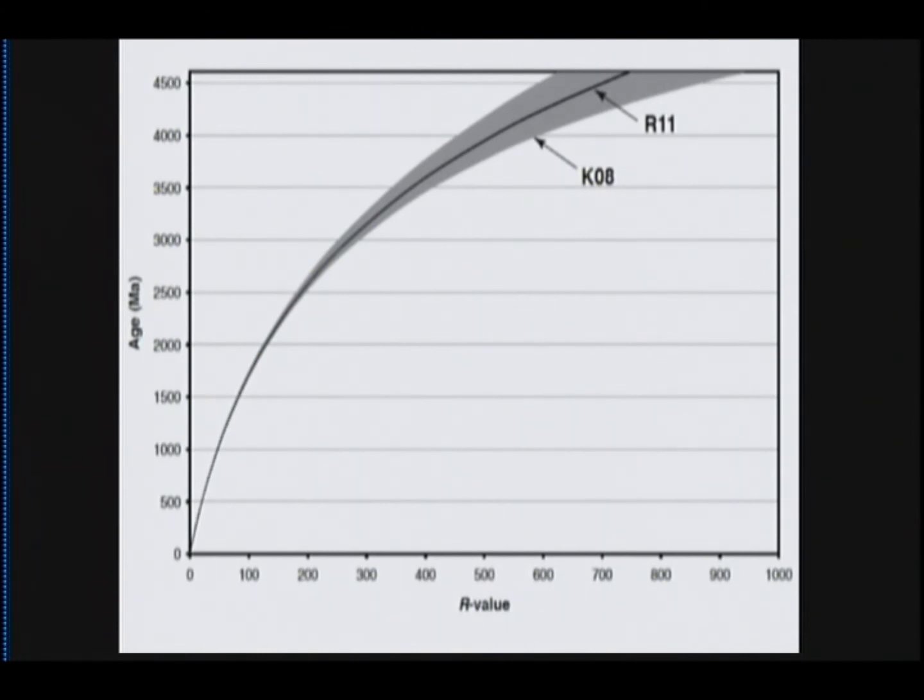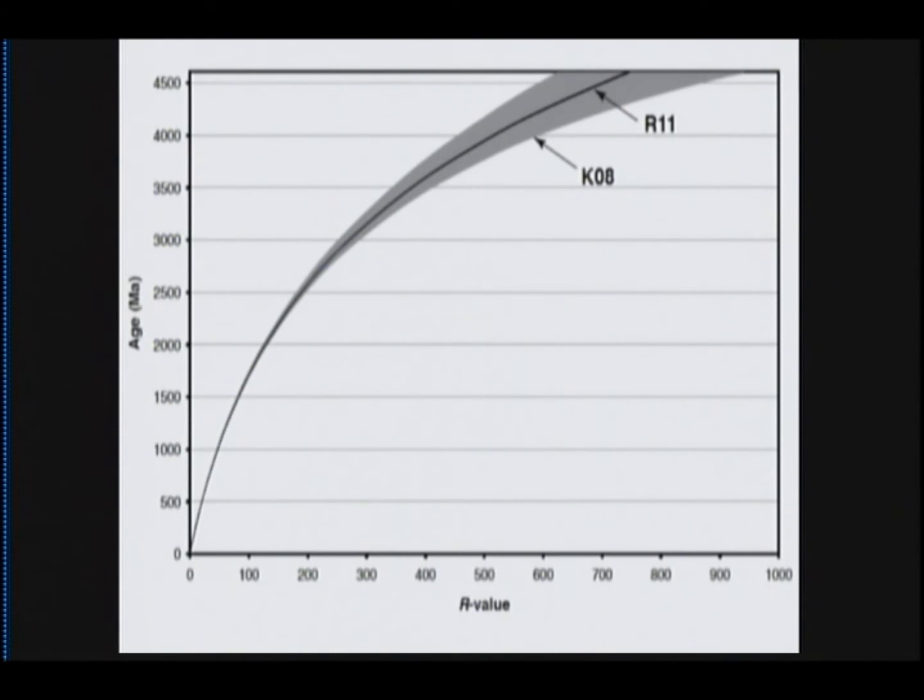In fact, even out here, this is roughly the age of the solar system, 4.5 billion years. The difference in age is something like 10 million years out of 4.5 billion. It's very, very small. So the two calibrations give very similar results, but the uncertainties are very different.